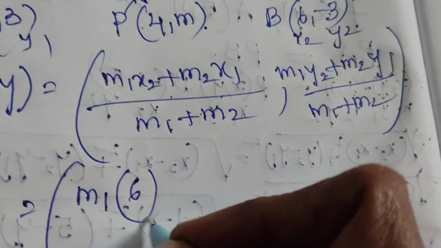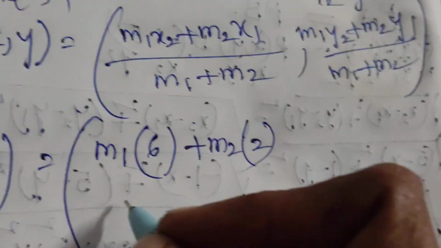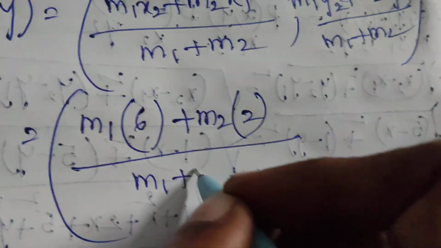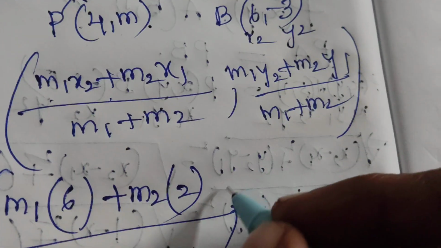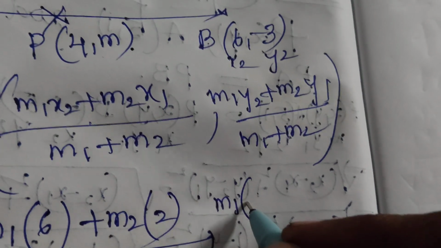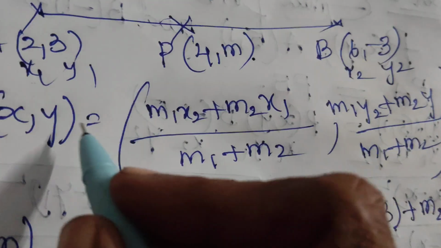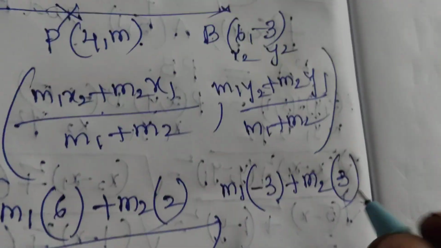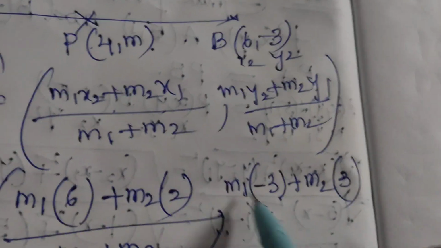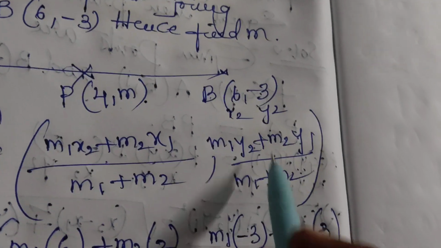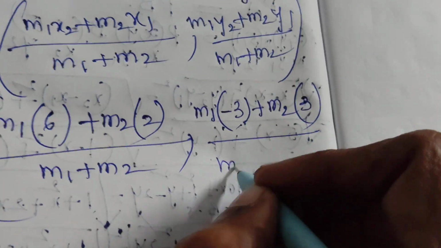Therefore, m1 into x2 means 6, plus m2 into x1 means 2, by m1 plus m2, comma, here m1 y2 means minus 3, plus m2 y1 means 3, by m1 plus m2.